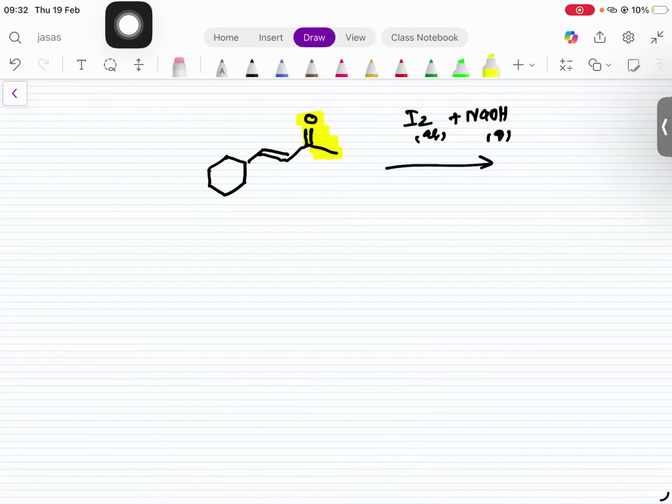Sorry, what is formed? This is CH3 and this is next to C. So as long as CH3 is present next to C double bond O, yes, banega.